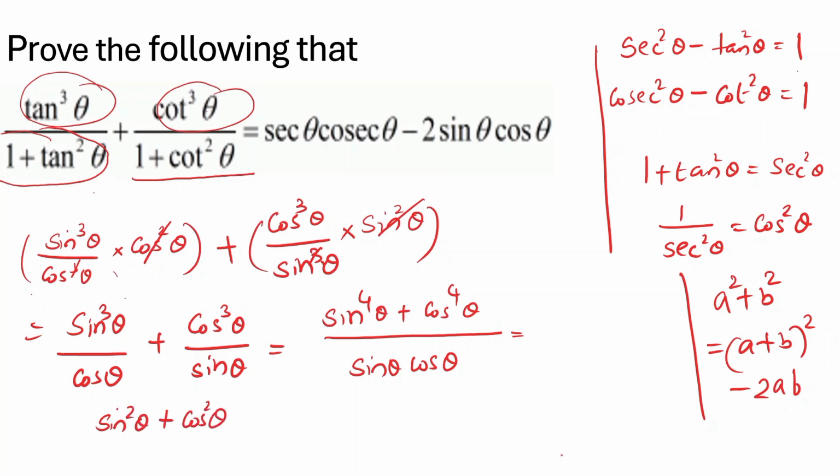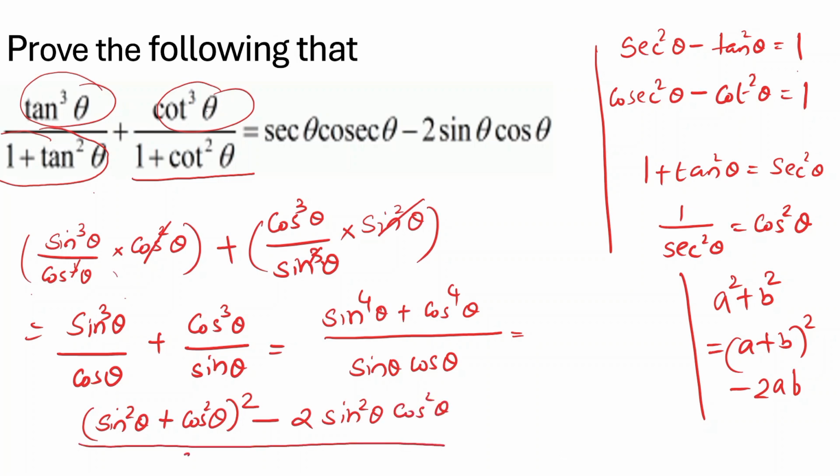So (a plus b) the whole square is (sin square theta plus cos square theta) the whole square minus 2 sin square theta cos square theta, divided by sin theta cos theta. Okay, sin square theta plus cos square theta is 1. So 1 divided by sin theta cos theta minus 2 sin square theta cos square theta divided by sin theta cos theta, that is 2 sin theta cos theta.